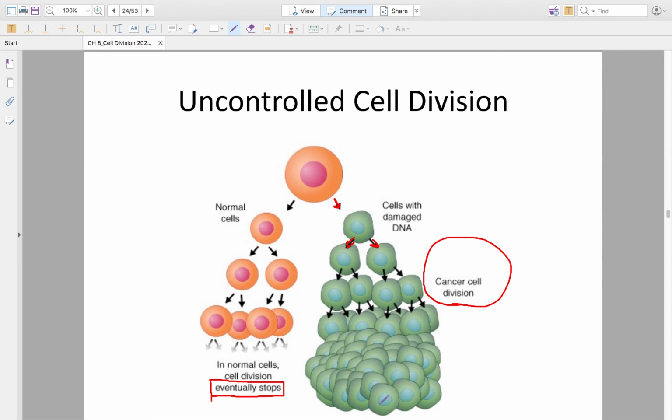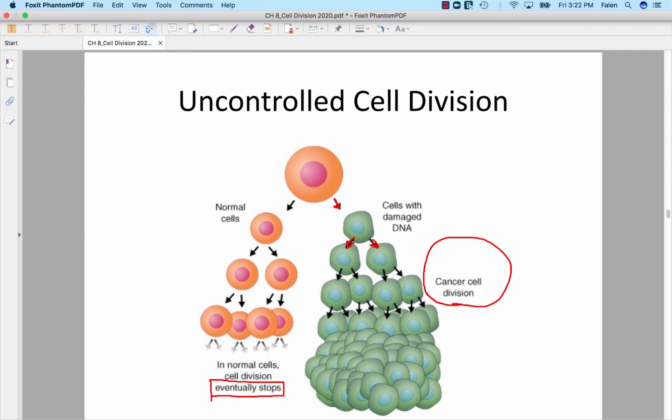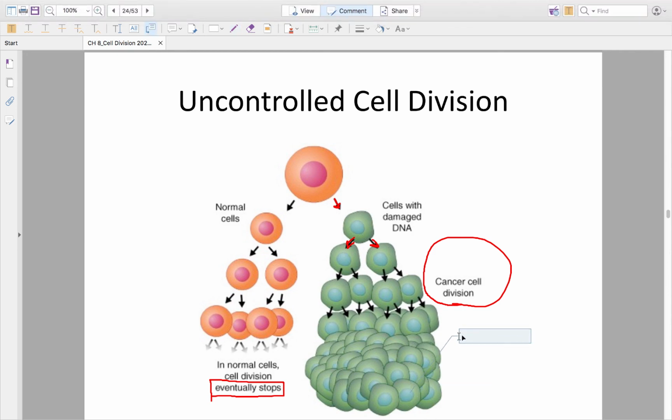What do they have in their nucleus? They have unique DNA, every single cell. Therefore, here's the problem. Let's say we have a group of people that have breast cancer. Every single breast cancer patient has unique DNA, and their cancer is technically unique.